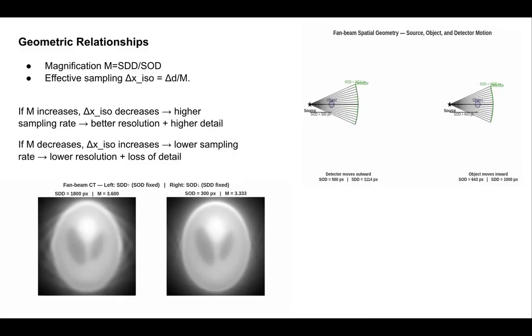On the right, we can see that adjusting either the detector or object position changes source to object distance and source to detector distance, which directly alters magnification and fan beam coverage, thus impacting resolution and image geometry in CT scans.